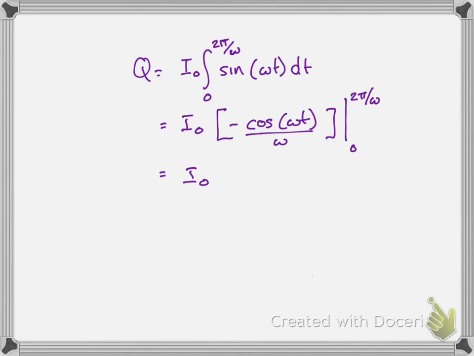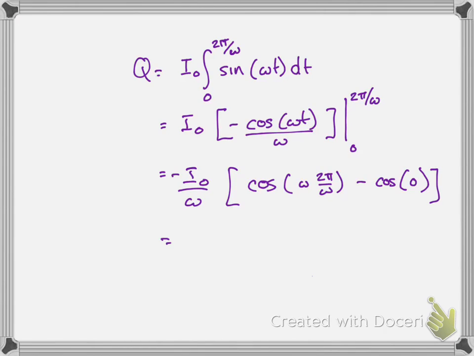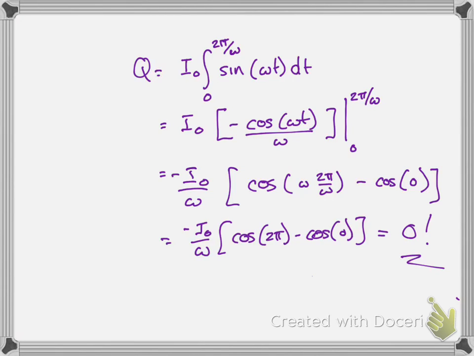We get minus I0 over omega times the cosine of omega times 2 pi over omega, minus the cosine of 0, which equals minus I0 over omega times the cosine of 2 pi minus the cosine of 0, which equals 0.